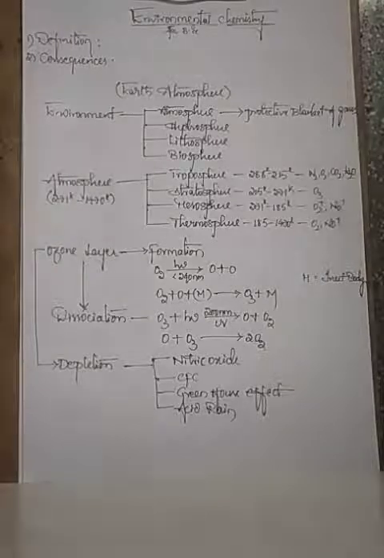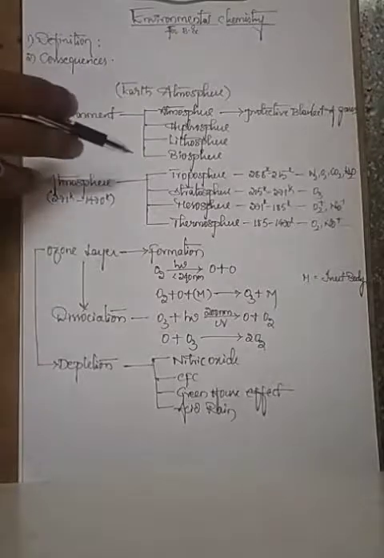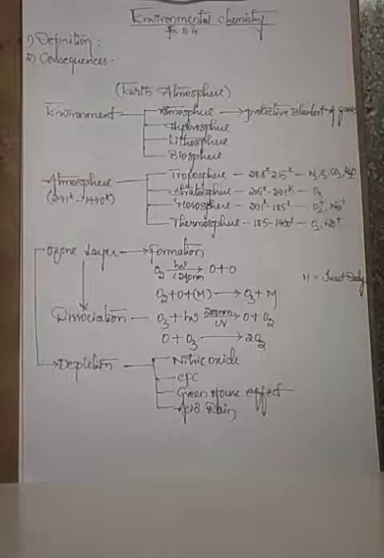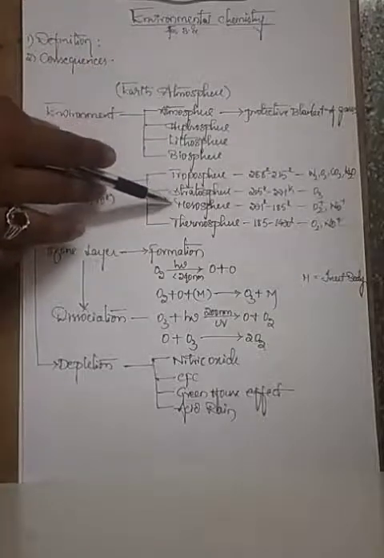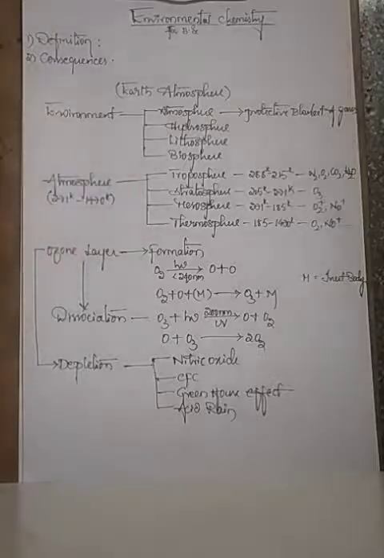And then the structure of the atmosphere. It extends up to 500 kilometers with a varying temperature from 271 kelvins to 1470 kelvins. This atmosphere is broadly classified into four types: troposphere, stratosphere, mesosphere and thermosphere.